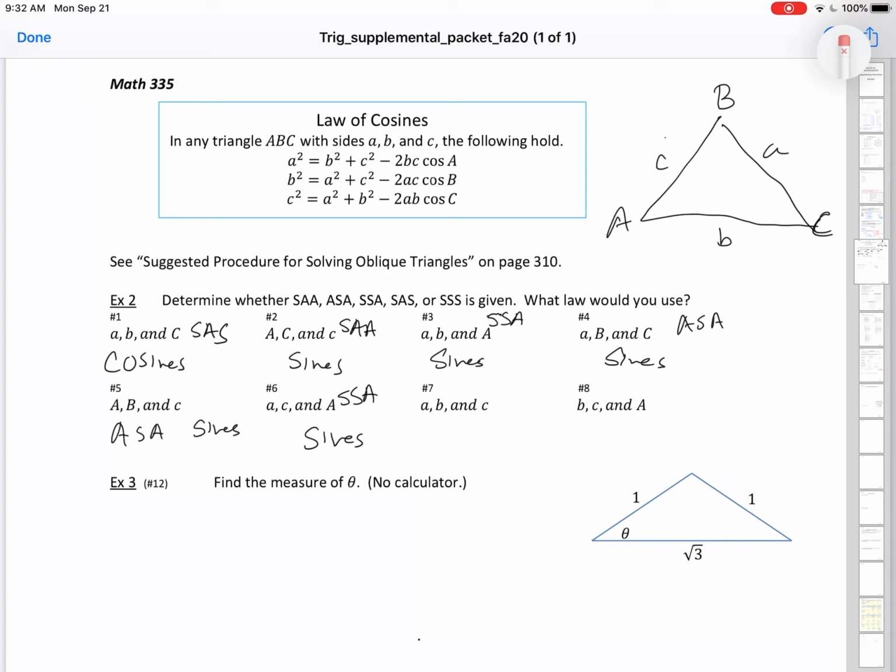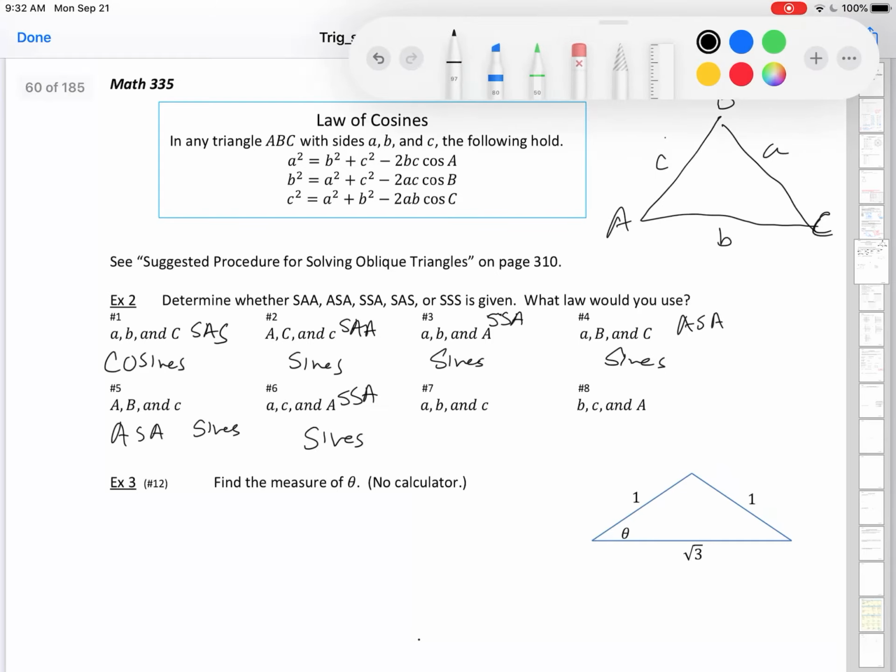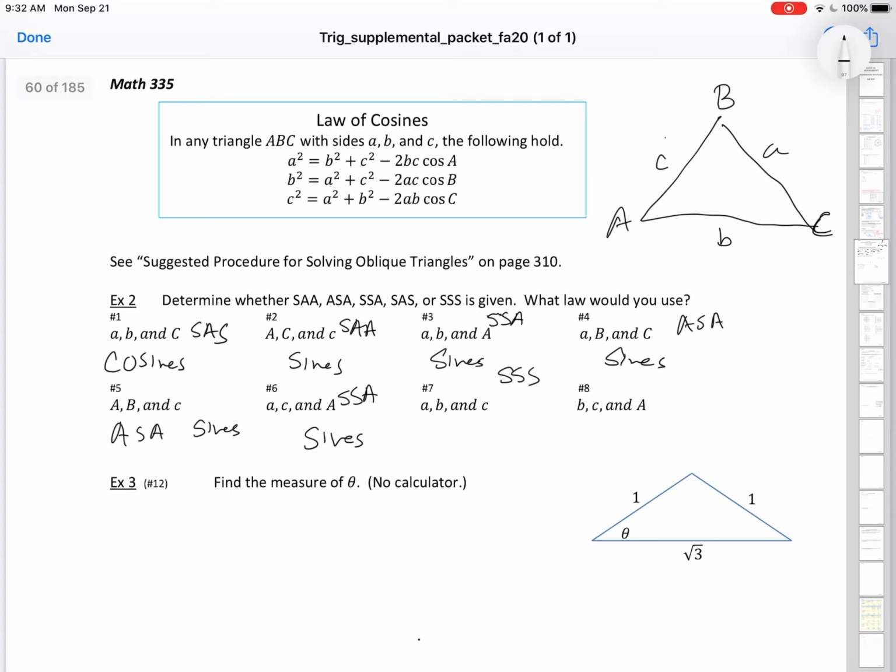Now, the next one is side, side, side. As you think about that, you don't know any angles, and there's an infinite number of triangles that can behave that way. Oh, I'm sorry, with side, side, side, apologize. I was thinking angle, angle, angle. But with side, side, side, you don't know an angle and the side opposite, so it's got to be cosines. Cosines can handle that.